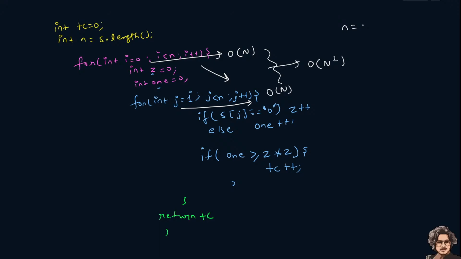If n is equal to 10 to the power 5, then n squared becomes 10 to the power 10, so it won't work for larger test cases. For space complexity, we are not using any extra space, we're just keeping track of variables, so the space complexity is order of 1.